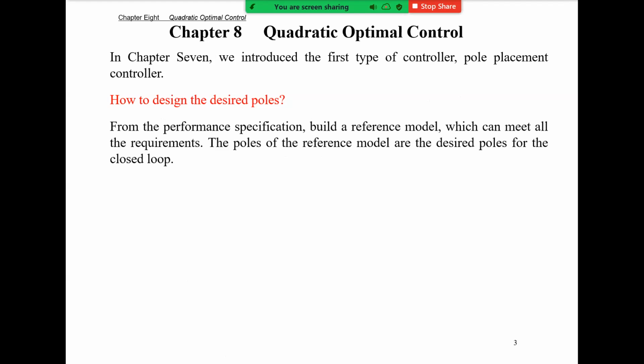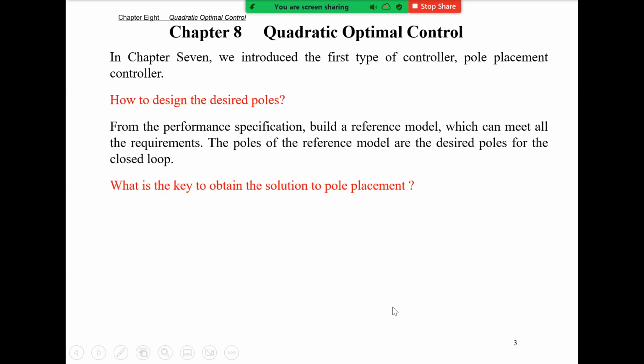You cannot say the desired poles are given by me, and they will not be given by your boss. There are certain performance requirements for the system to satisfy. From those requirements, you design a reference model which can meet all the requirements. The poles of the reference model then provide the desired poles for the closed loop.